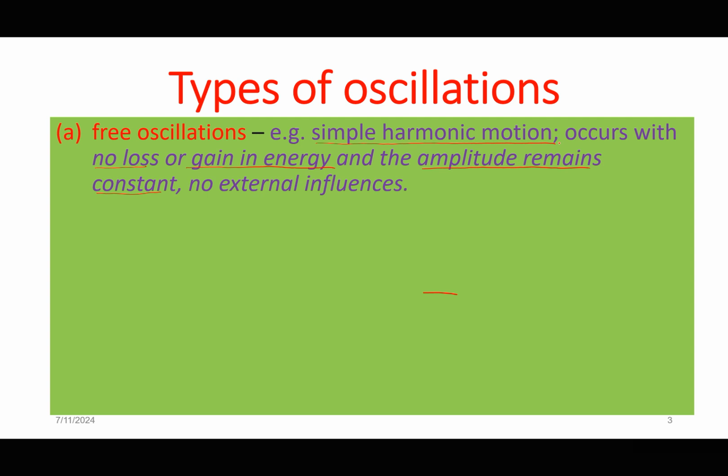Because if you displace a simple pendulum and leave it, with time the amplitude of oscillation goes to zero, meaning we shall have what we call damping, which we shall explore in more detail later on. So one type of oscillation is free oscillations, where the amplitude remains constant because oscillations occur with no loss or gain in energy.